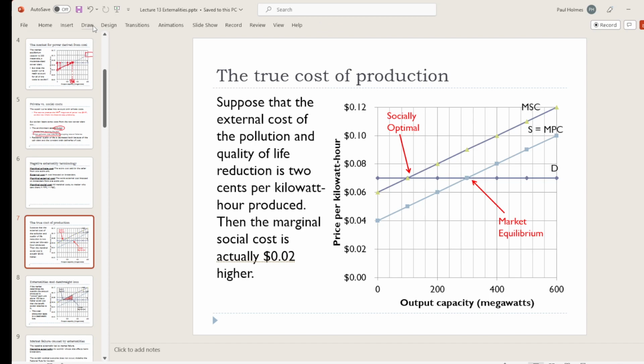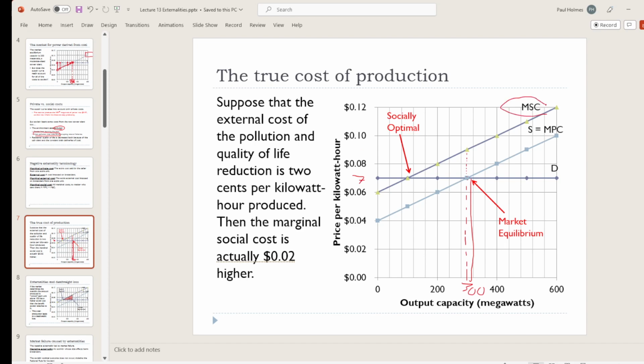As the producer, we would choose to produce here, at that 300 megawatt level, but the actual cost of that last unit of power is the 7 cents per unit that we face, plus an additional 2 cents per unit, taking into account the extra cost to society.